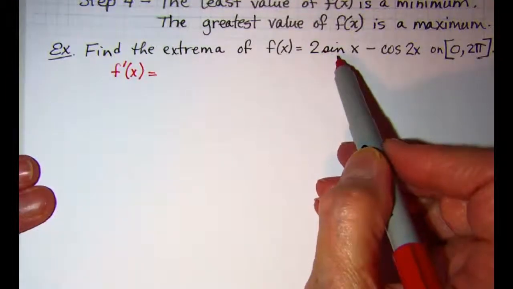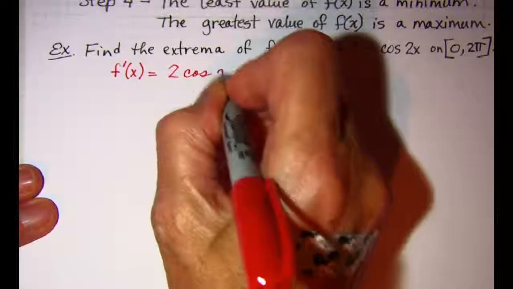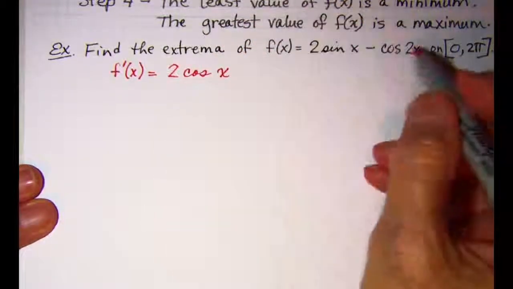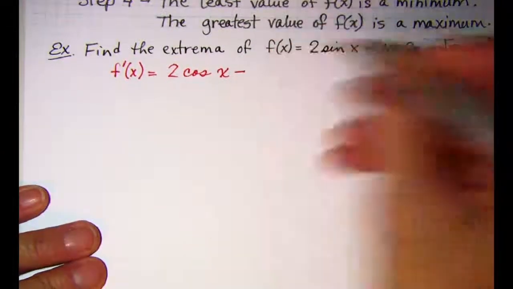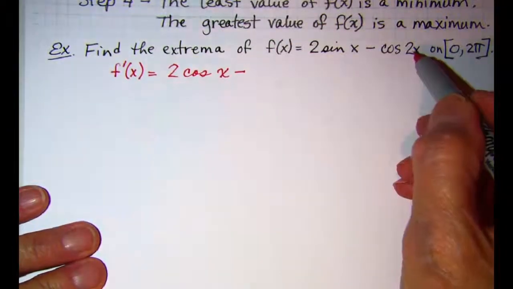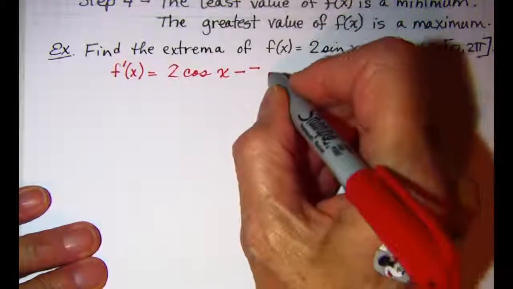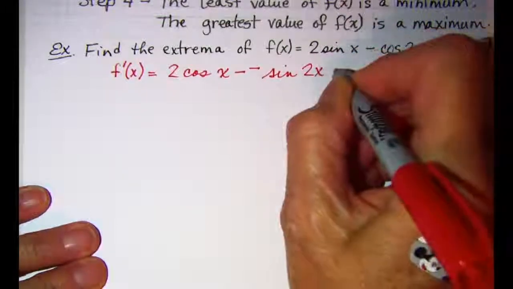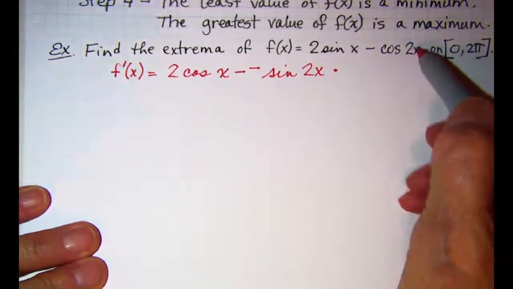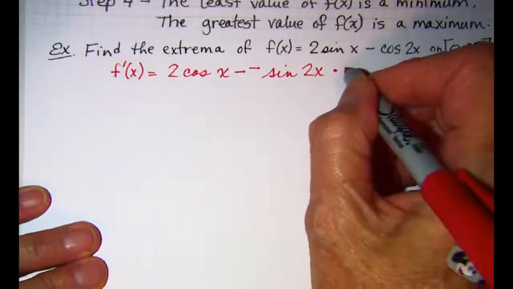The derivative of 2 sine x is 2 cosine x. The derivative of cosine is a negative sine, and then we need to multiply that by the derivative of this inside function, which will just be 2.